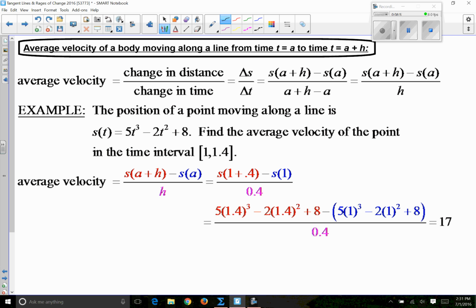You're going to use s to represent the distance that the body has moved. And the change in distance means subtract two distances. The change in time means we subtract 2 times, actually these 2 times, a plus h minus a. A plus h minus a is equal to h.